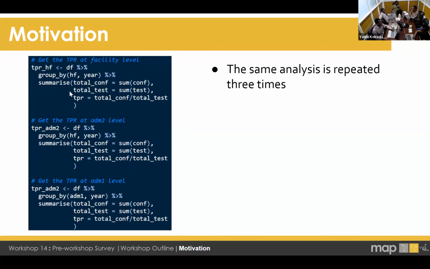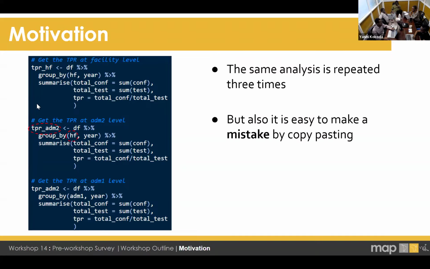there is also one more problem. If you are copy and pasting this code and modifying it, you can see here the TPR for admin 2 was copied from the health facility level, but you can forget to change the grouping variable.